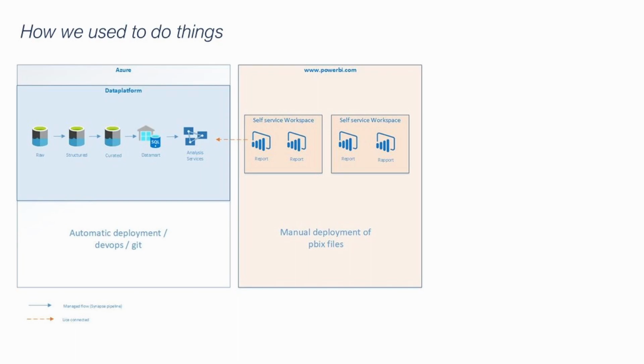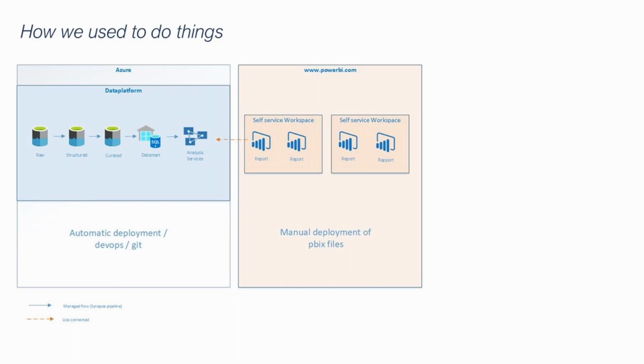And then, how did we used to do things? We used to have Azure Analysis Services on the far right of the data platform. So we say, all right, Analysis Services, it's part of Azure, it's part of Visual Studio. If I have an Analysis Services model, it's JSON. I can read it, I can see what's different. I can deploy it easily with PowerShell, and it all just works.